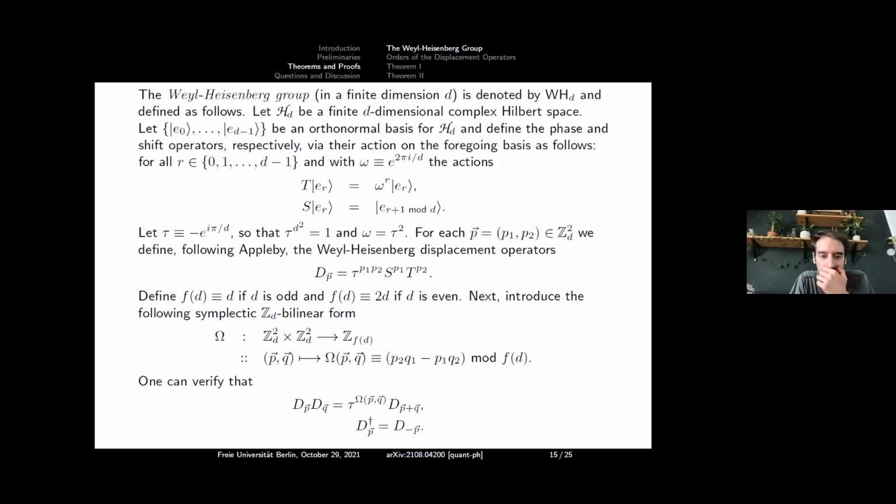Well, I can't see it directly, but it shouldn't be so difficult actually to see it. I'm not sure about the factor of 2, but it could be that if you would have 2 pi over d times this symplectic inner product, then it would be a trivial one, like a trivial projective representation.